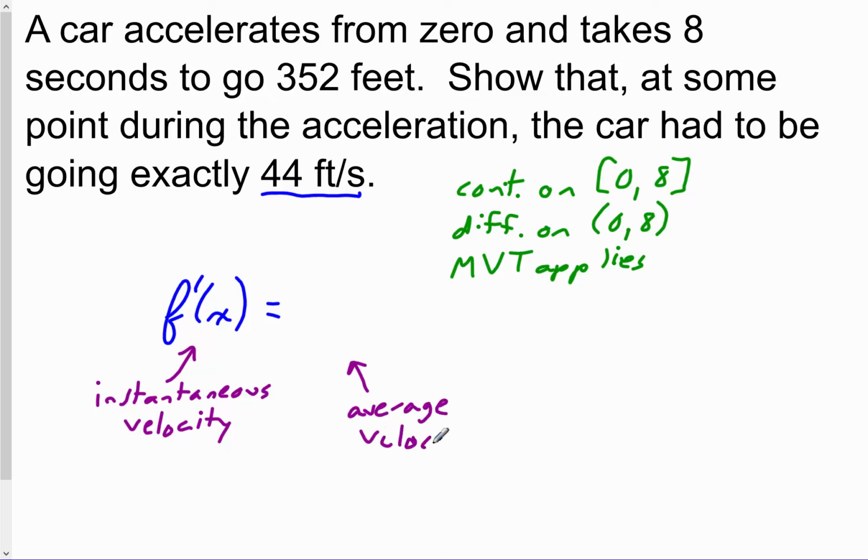And average velocity is just displacement over time. Well, I know my displacement is 352 feet. I know the time is 8 seconds. And so when I do 352 divided by 8, I would get 44 feet per second.